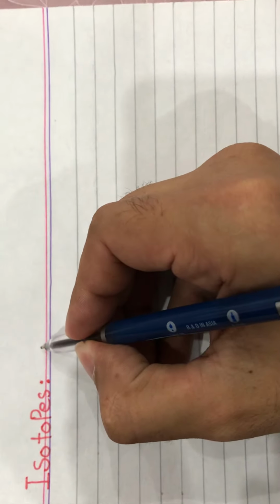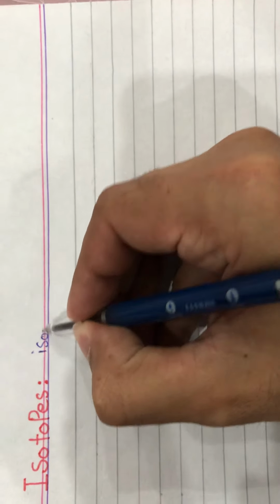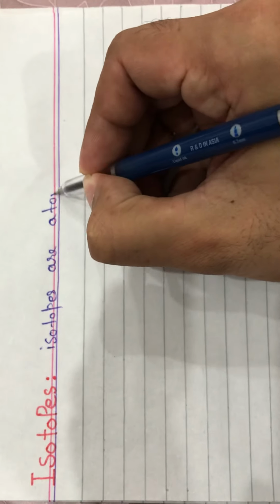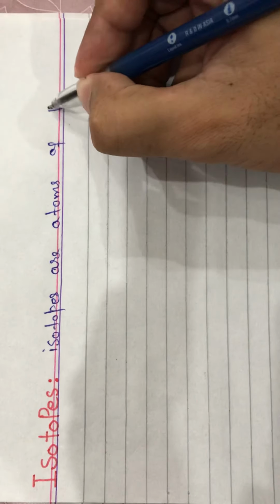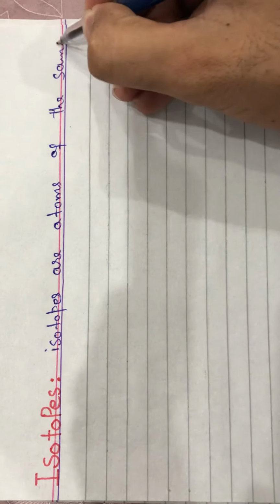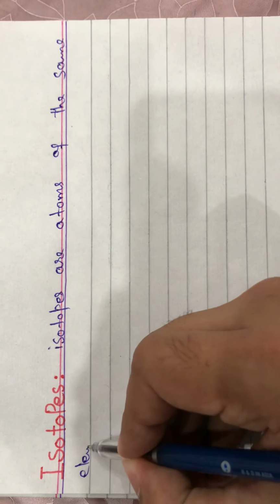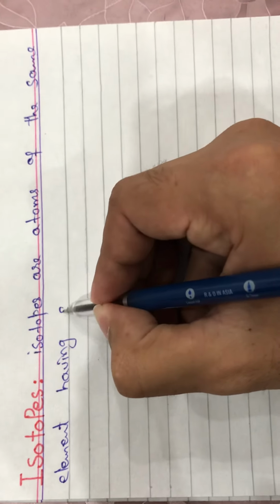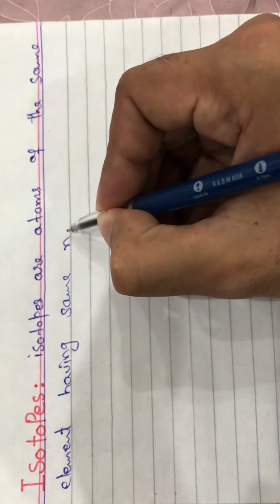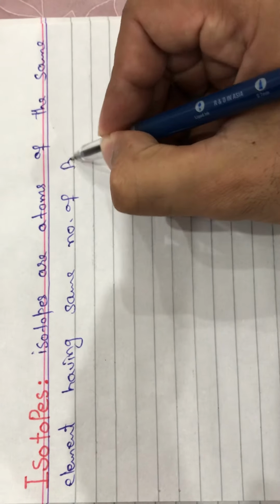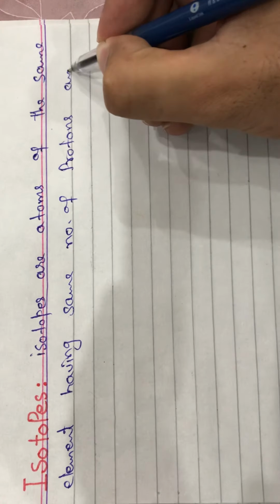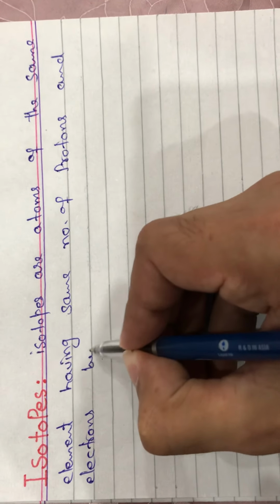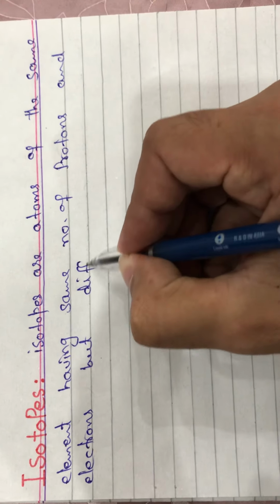We are saying that isotopes are atoms of the same element having the same number of protons and electrons, but a different number of neutrons.